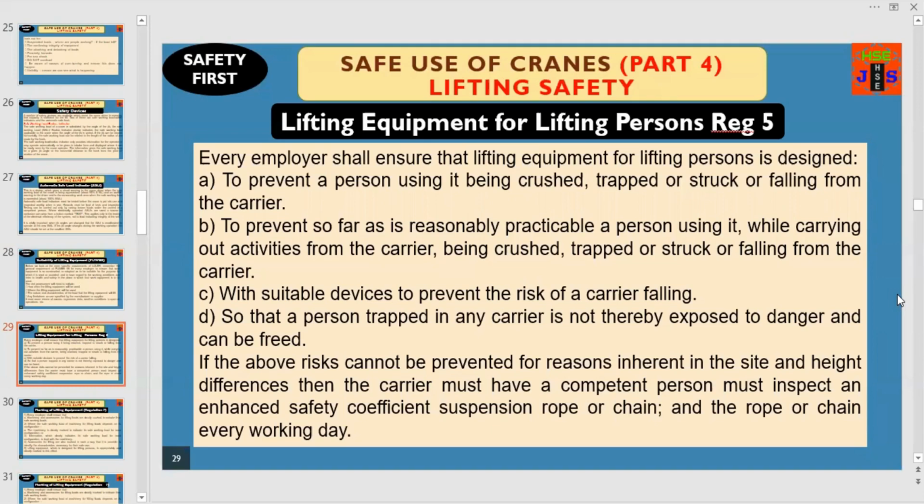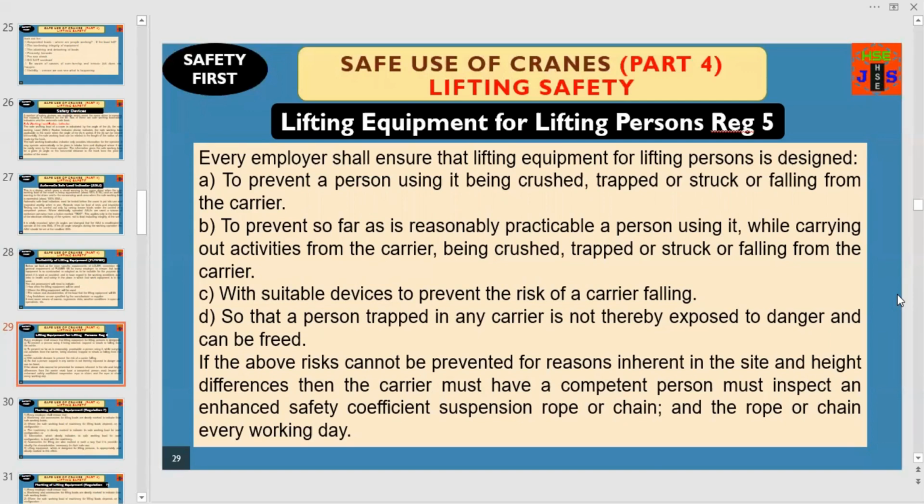To prevent, so far as is reasonably practicable, a person using it while carrying out activities from the carrier being crushed, trapped, or struck, or falling from the carrier, with suitable devices to prevent the risk of the carrier falling, so that a person trapped in any carrier is not thereby exposed to danger and can be freed.